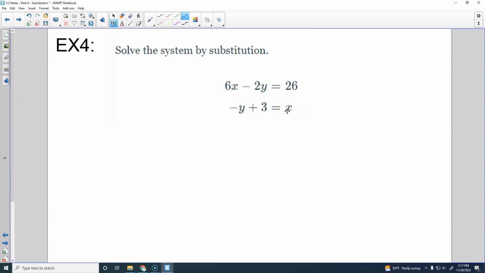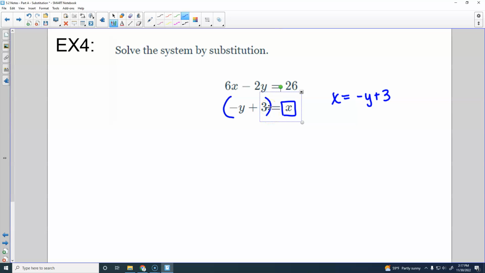It looks like it's not because it's written backwards, but that x is over here by itself, right? So this one is solved for x. We would have noticed it a little better if they had written it like this: x equals negative y plus 3. It would stick out to you more if the x came first. But x is equal to negative y plus 3.